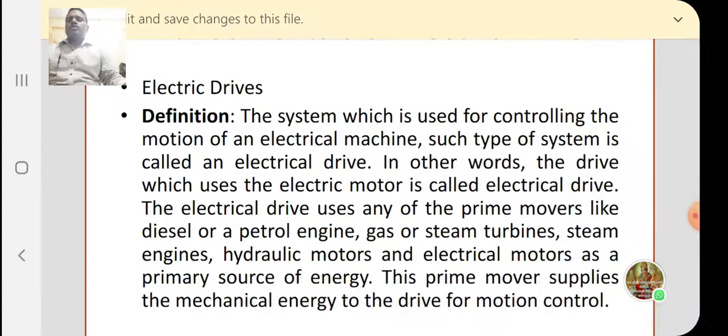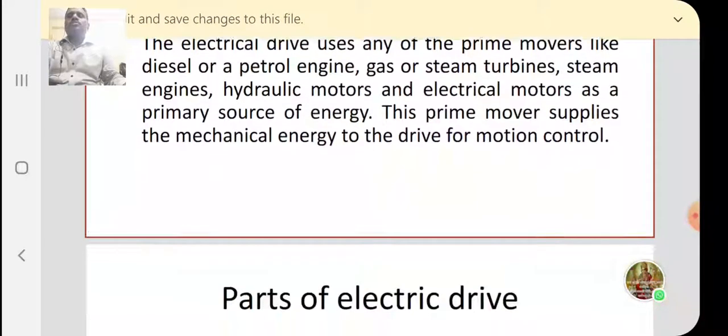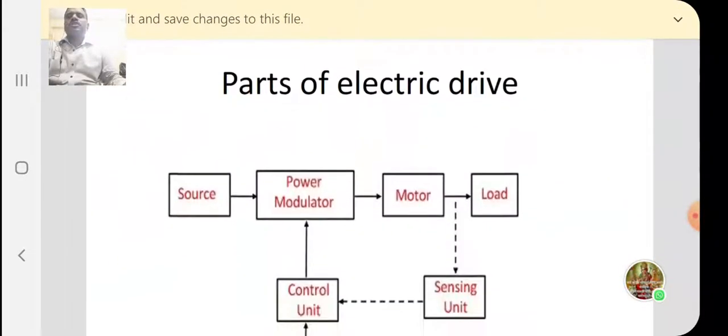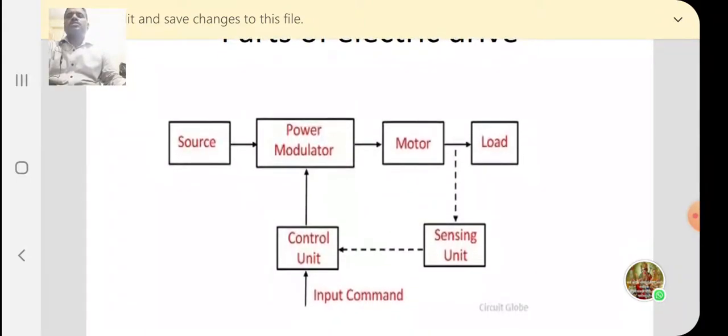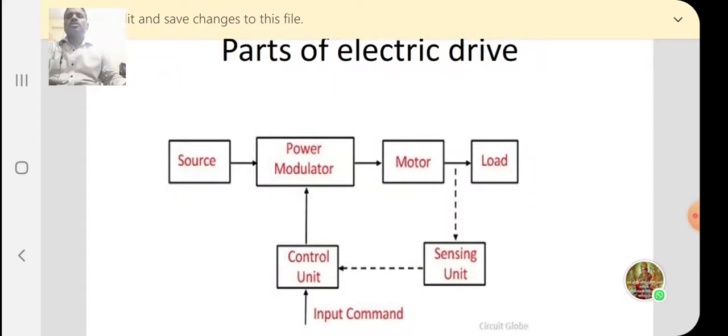Now we discuss the block diagram of electric drives, shown in the figure here. The basic center of the drive is the motor.